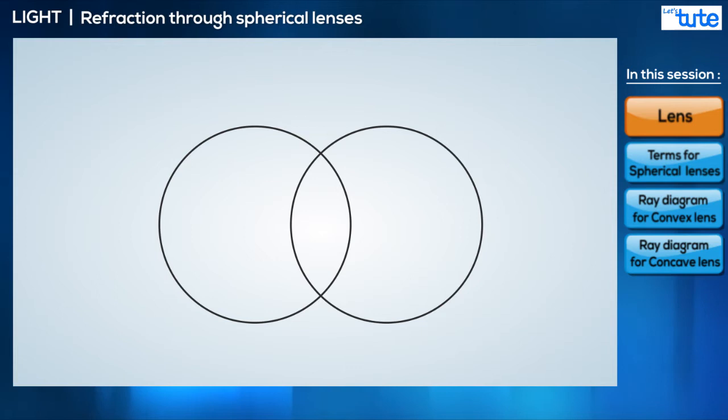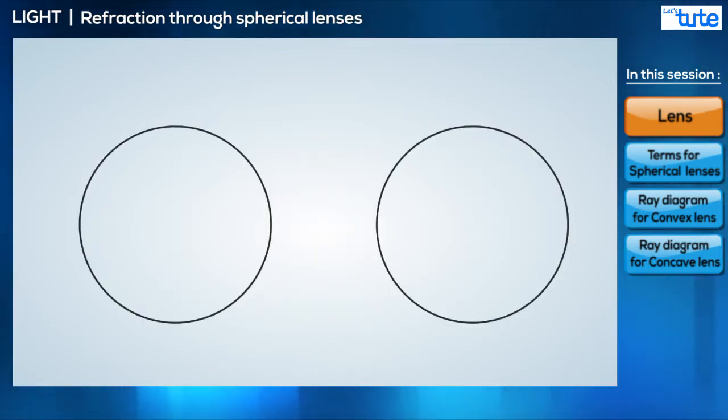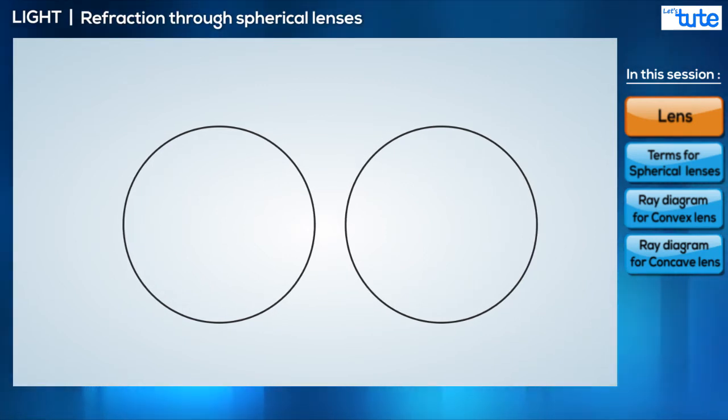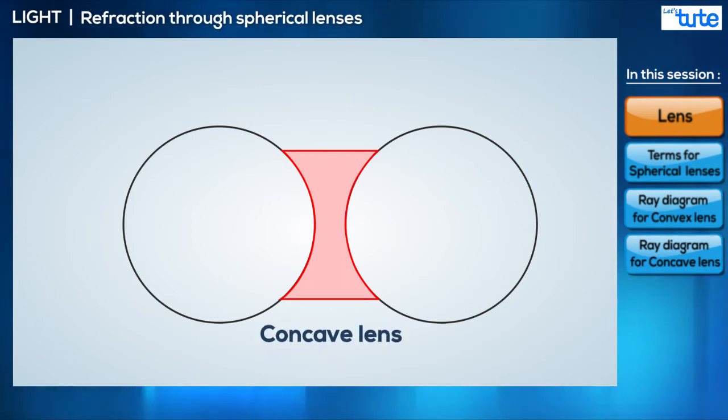The intersection of the two spheres creates this shape, and this shape is what a convex lens looks like. While for a concave lens, we need to make sure that the spheres do not intersect but are close to each other. This empty space in between is the shape of the concave lens.